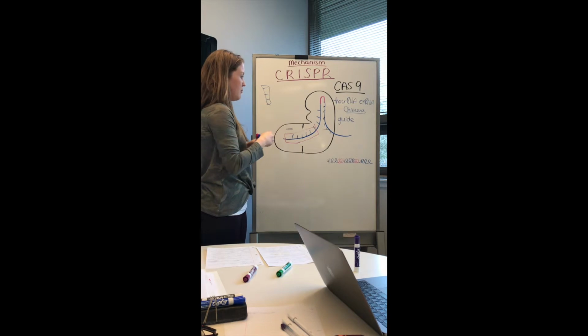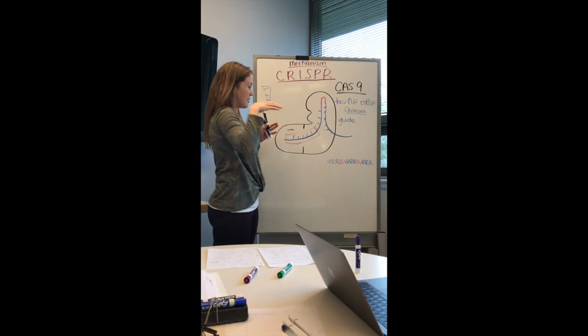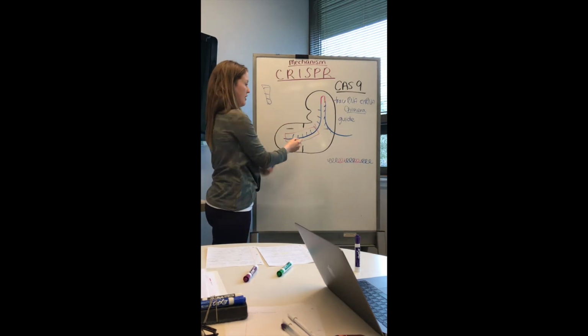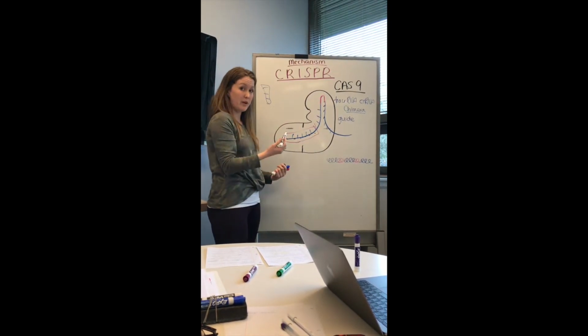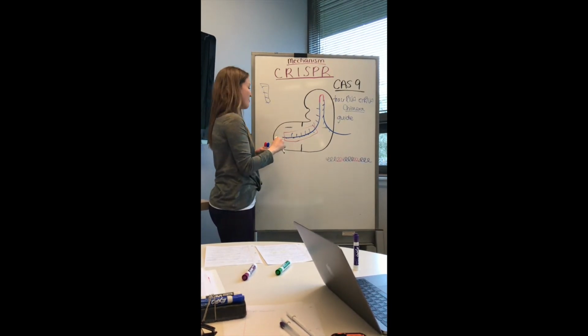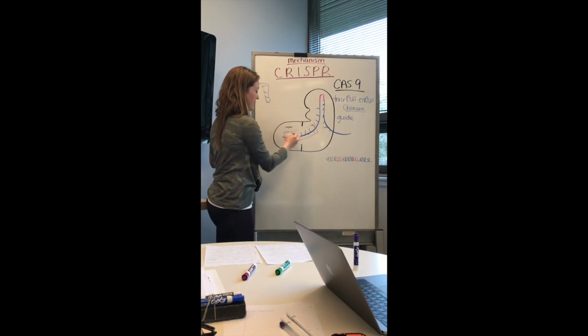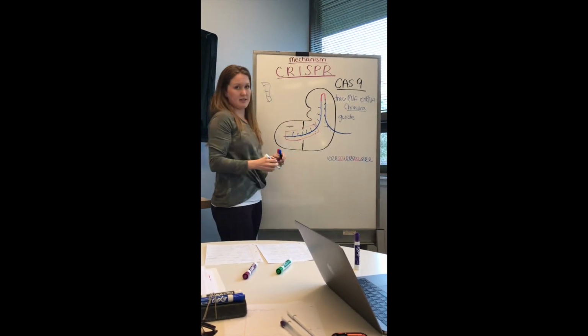So what this protein will do with its assigned sequence of DNA is it will travel along the DNA of the cell until it finds a perfect match to this sequence, which we, the scientists, have put in and wanting it to target. So once it matches the perfect sequence, it will cut the DNA on both strands.